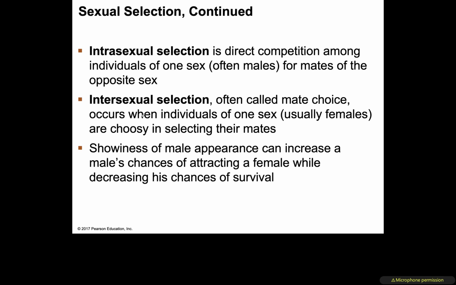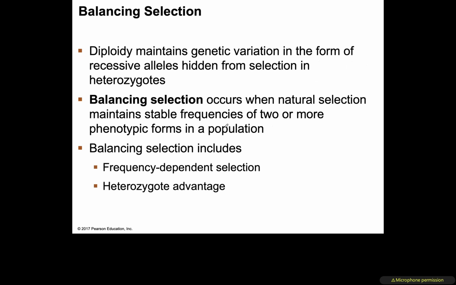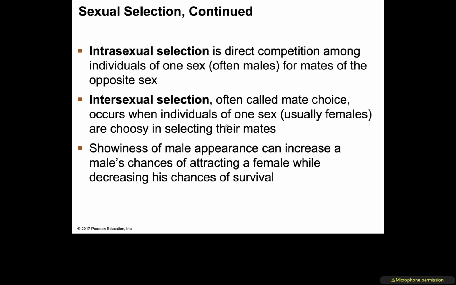Intersexual selection is when the female makes the choice. The female gets to choose the mate. I didn't have a nice picture, but think of rams. They fight to determine, or gorillas, who gets to be the silverback. Whoever is the most dominant gets to be the silverback. The perfect example of intersexual selection I just showed you on the previous slide would be the peacocks.